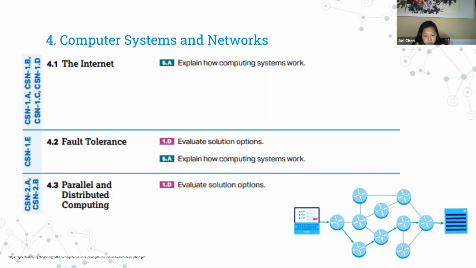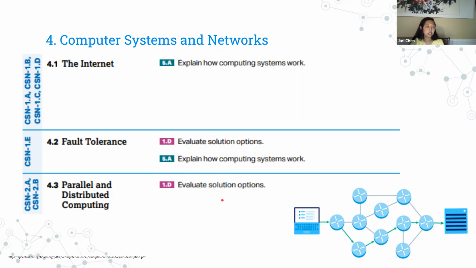So if I'm trying to transfer from this computer to this place, I have multiple routes to go through to keep me from, for example, if this blue part broke down, there wouldn't be a problem for this to transfer. Multiple of these different blue things would have to mess up to have this file not be able to transfer over, which is what fault tolerance is.